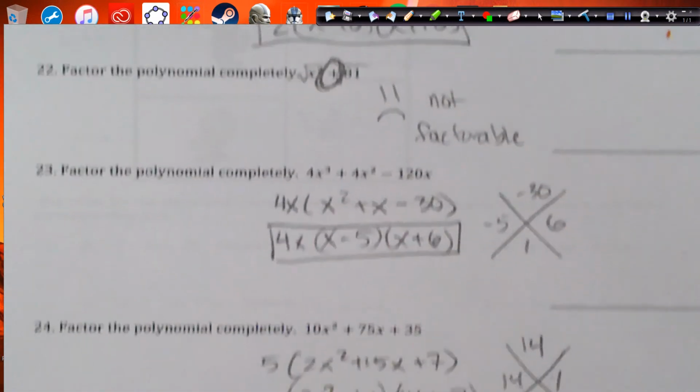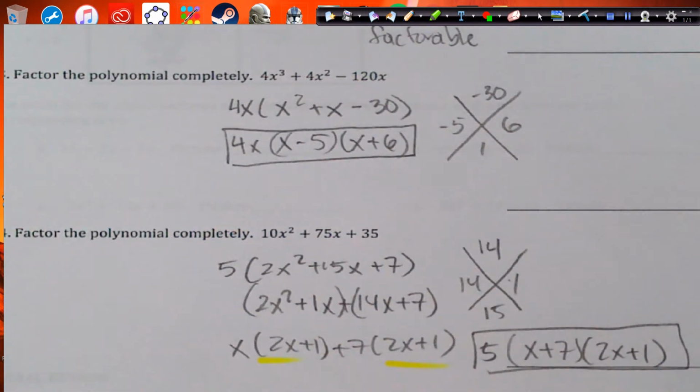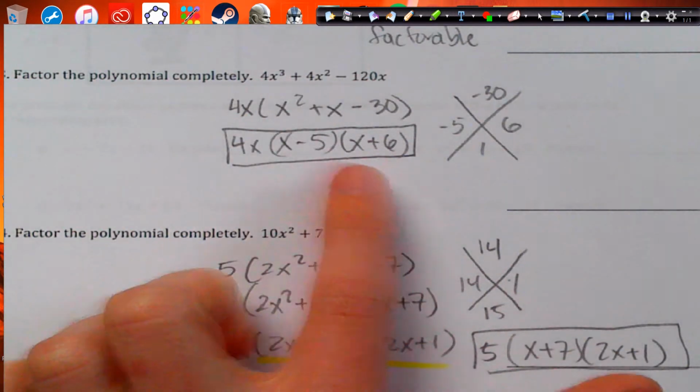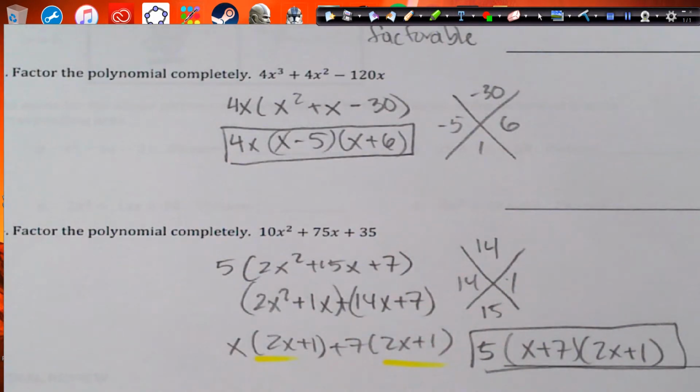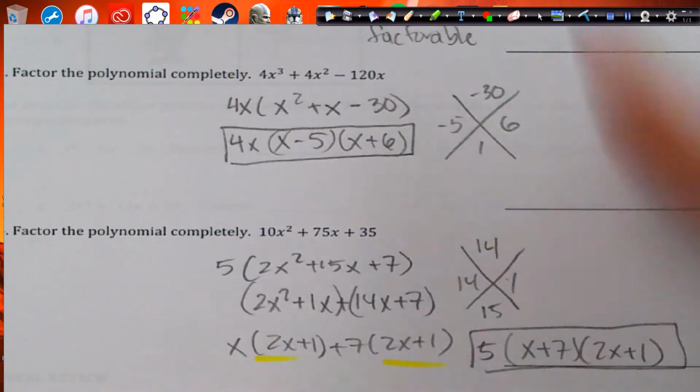Number 23 and 24 are nice problems where you have to GCF first. So you have to pull 4x out of here first, and then you can factor. Leave 4x in the answer. And here we're going to factor out a 5, and then we can do our factoring by splitting the middle term, and we get our answer over here.